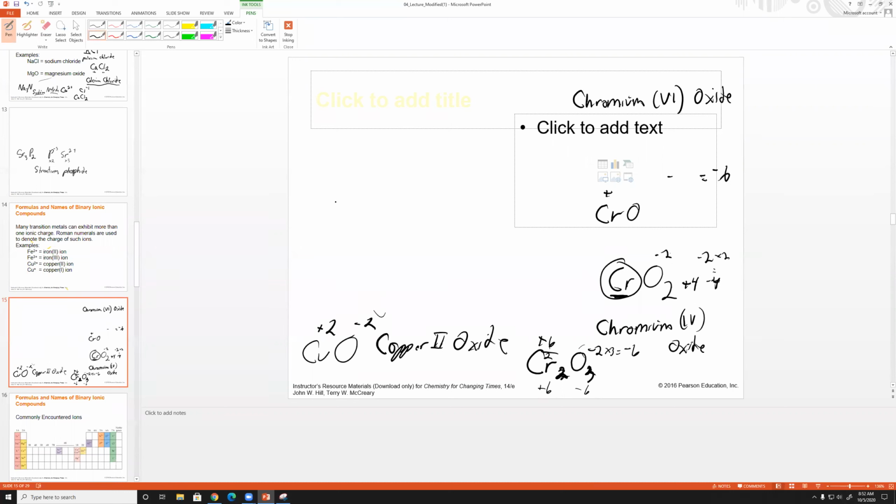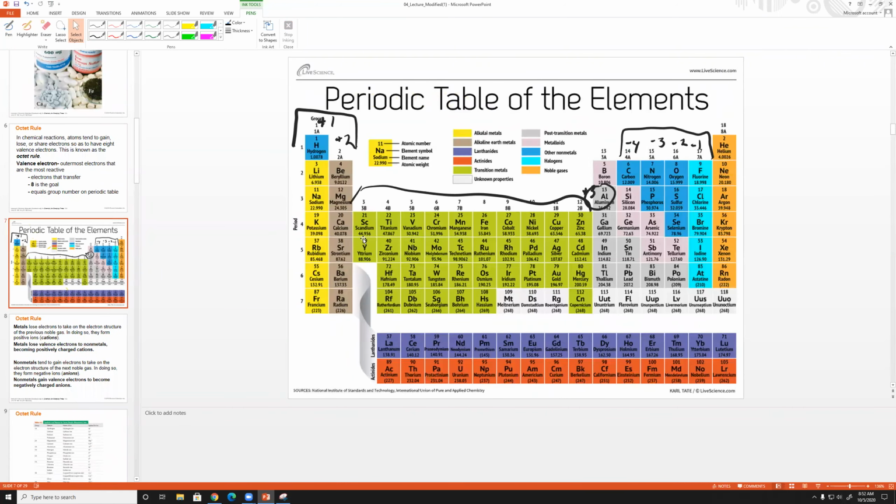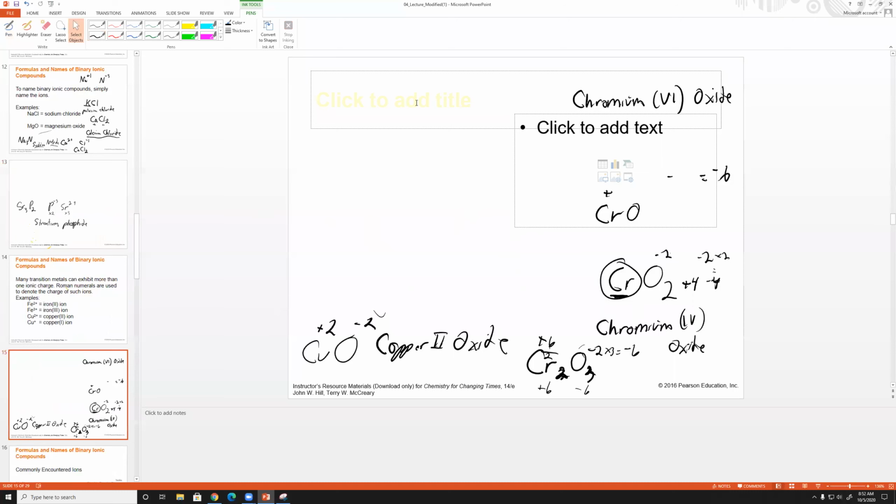So we'll do another one. We'll do different elements this time. Okay, cool. We gotta put the subscripts.